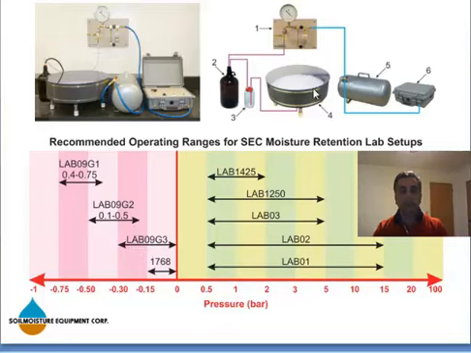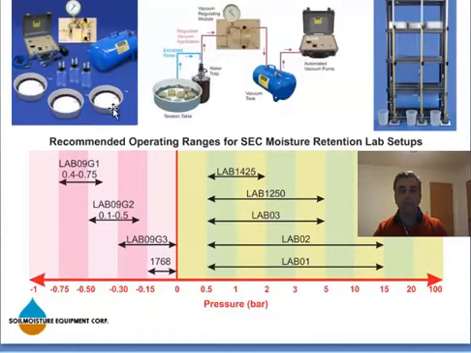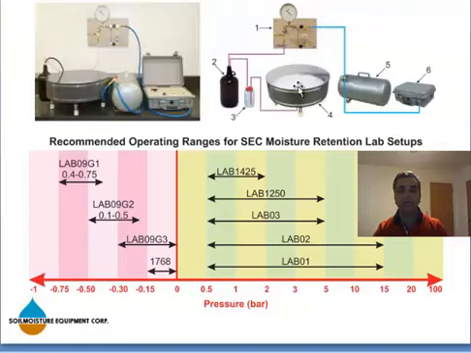Let me compare Lab 9 with 1725 quickly here. As you saw, this is a 12-inch diameter tension table, while 1725, as I said, is 22-inch in diameter. So 1725 is more suitable for heavy-duty applications and commercial soil physics labs.